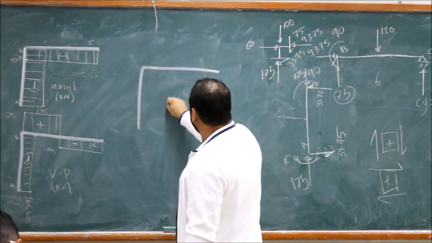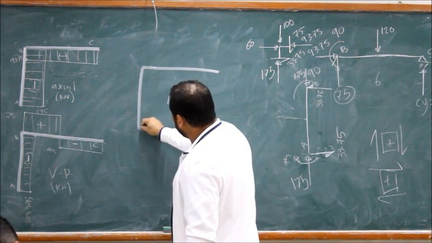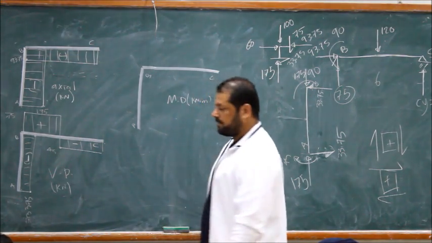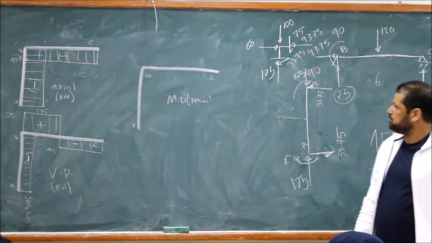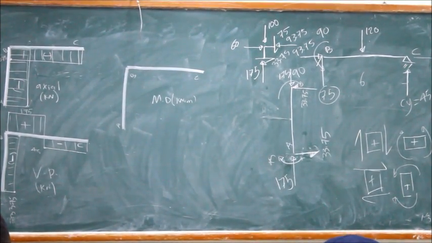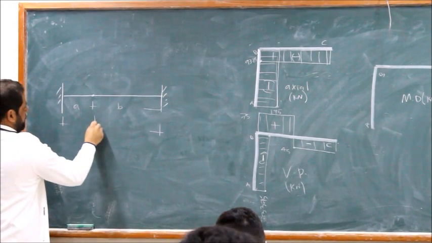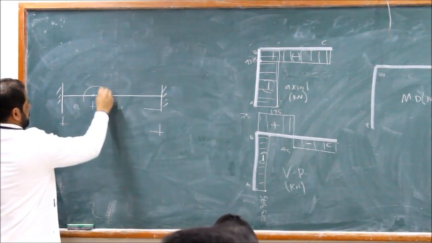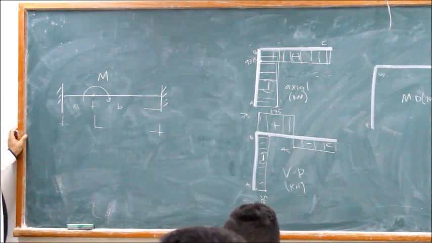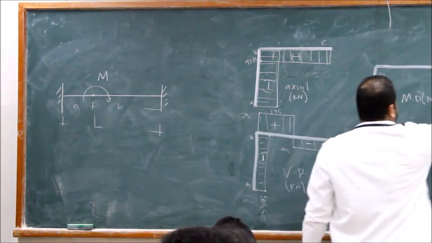Draw for me the moment diagram in kilonewton. A, B, C. But AB was 4, right? AB is 4 and BC is 6. BC is 6.